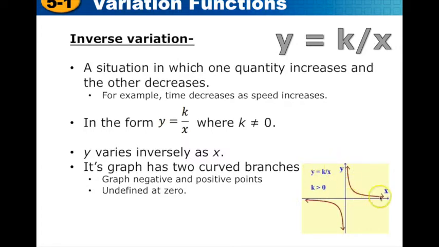When you're graphing these, you need to pick positive values of x to plug in to give you one of the curves, and then you have to pick negative values of x also to get the other side of the curve. So make sure that you choose both positive and negative values on your t-table to get a complete graph. Also notice that the graph is undefined at 0. There's an asymptote at x equals 0 that the graph will never touch.